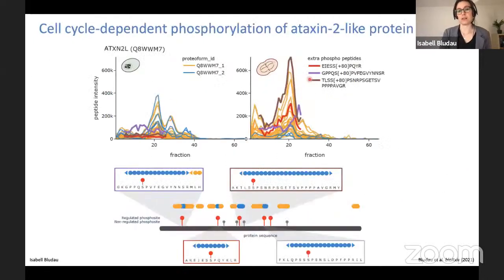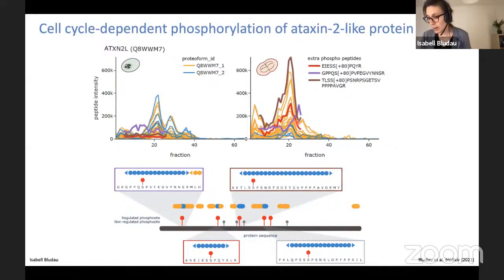I actually don't know which complex this corresponds to, but what I know is that this is not the monomeric form of the protein. We could see that this protein elutes at a higher molecular weight than you would expect for the monomer, but we don't know exactly for this example what the interaction partners are. In general, you can see the complex information for these phosphopeptides in our data.